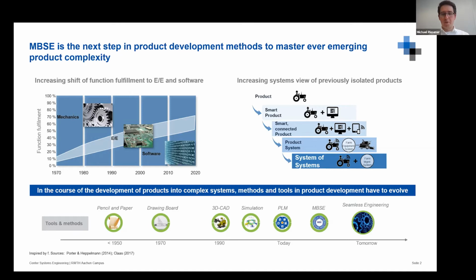And this brings me to the last point on this page, when it comes to tools and methods. Those have evolved over the past 30 years very drastically. And what we see is that there's a trend towards seamless engineering, towards simultaneous engineering in different areas, and obviously automated engineering.